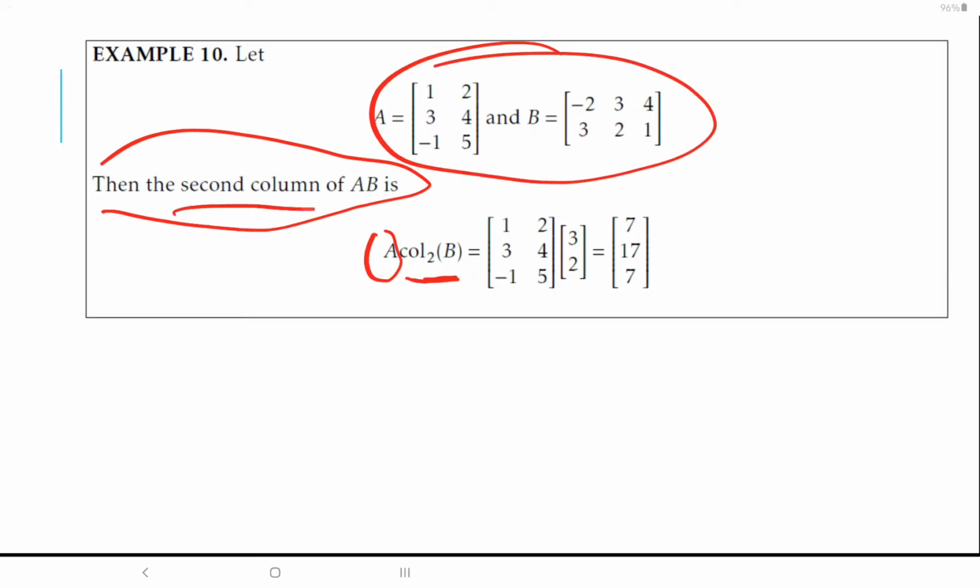To get the second column of AB, we only need to multiply A with one column, the second column of B. So in this case, we get the following. We have A times the second column of B, which is equal to 3, 2. Is this possible? Yes, because this one is a 3 by 2 and this one is a 2 by 1. So we will have a 3 by 1 matrix, which is 7, 17, and 7.